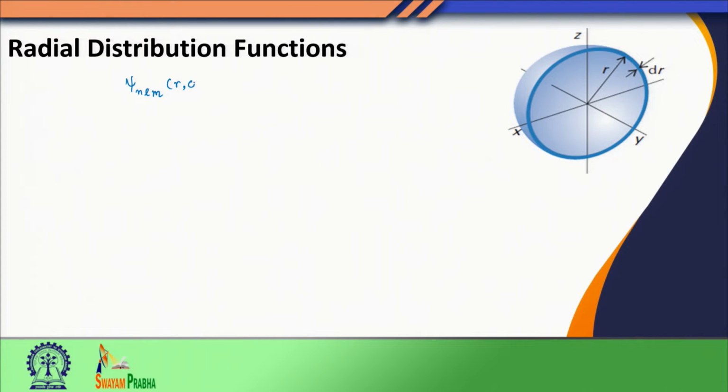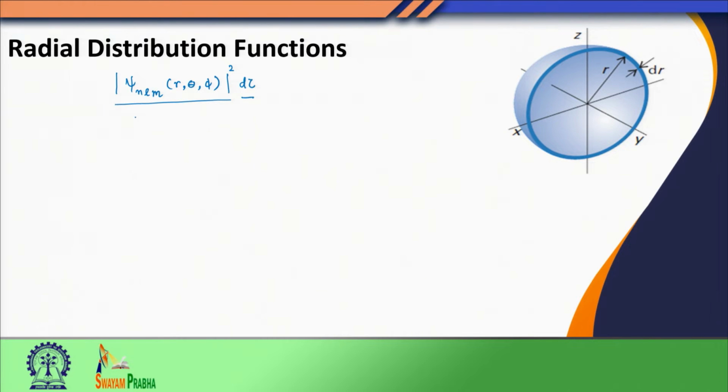In the radial distribution function formulation, suppose we have the wave function which depends on r, theta and phi. To obtain its probability over an infinitesimally small volume d tau, we should take the square of this function multiplied by the volume element d tau.